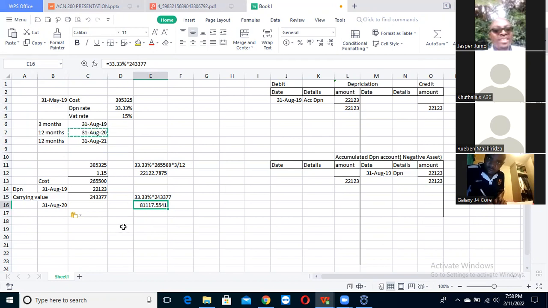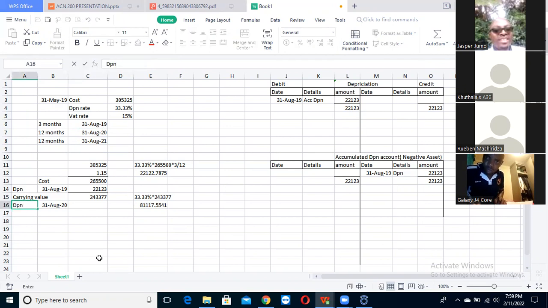That was our depreciation charge for the year 2020. We are not going to apportion it because in this instance, the asset was used for a full year. It was not used for only 3 months, as it was the case in the previous year. So we want to come and put our depreciation there.